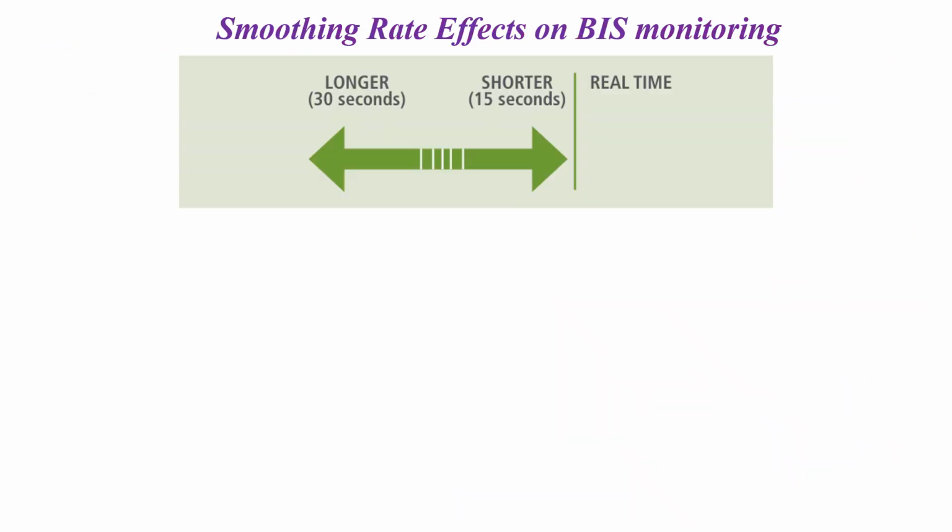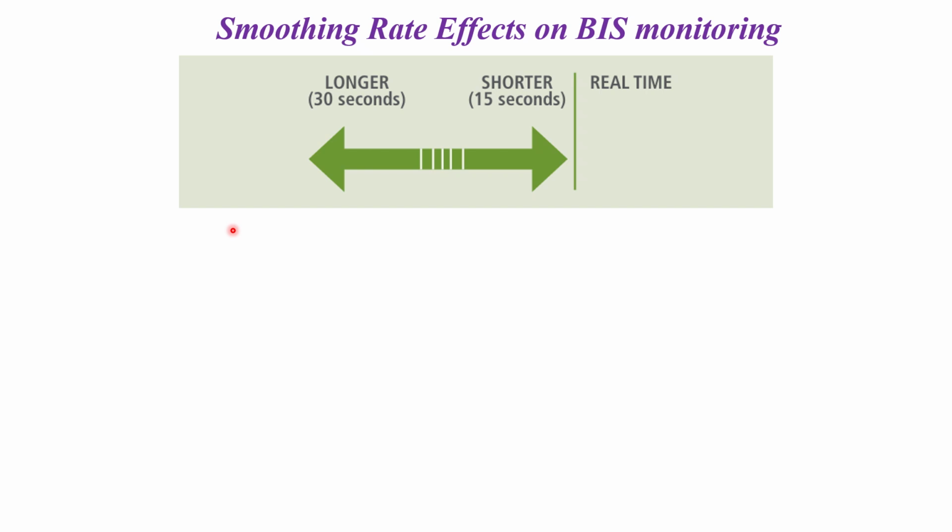Next is the smoothing rate effect on BIS monitoring. Smoothing rate is a setting of BIS monitors that determines how much the BIS value is averaged over time to produce the displayed number. It affects the balance between signal stability and responsiveness.